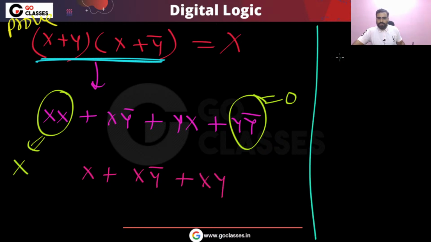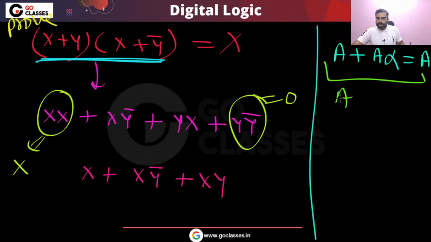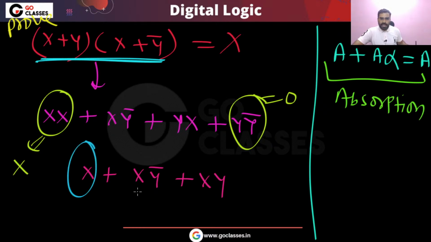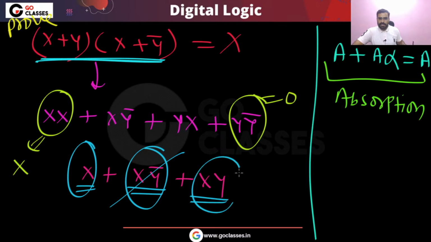Now this is the absorption property. You already know a plus a anything is the same as a. This is known as the absorption property, or absorption law. So here also the same law you can apply. In x plus xy, the xy will be absorbed and gone. Similarly, x plus xy bar will be gone. So finally you will get x, and this is your absorption property.